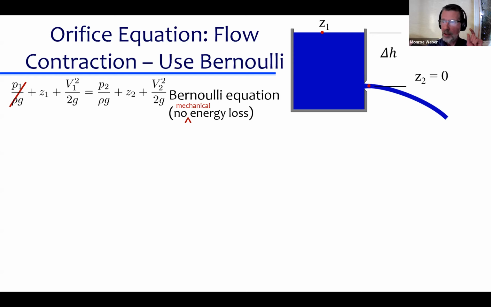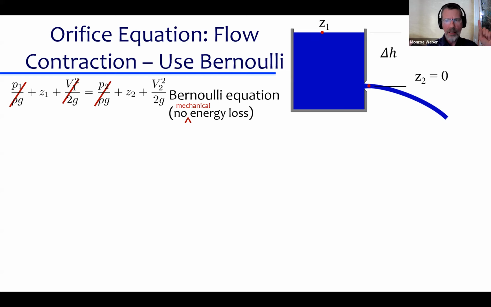So let's look at this. The pressure on the surface of the tank is 0, or it's atmospheric pressure. We can use that gauge pressure as our datum, atmospheric pressure as our datum. So P1 is 0. The surface of the tank is barely moving, so V1 is 0. P2 is also atmospheric pressure, very close.